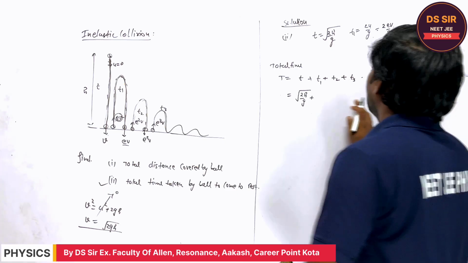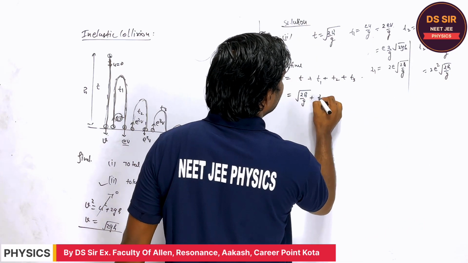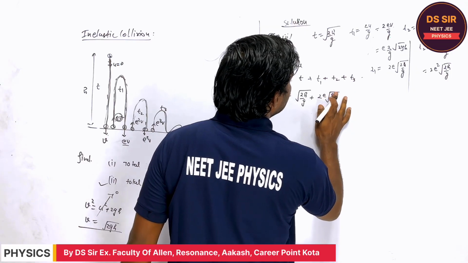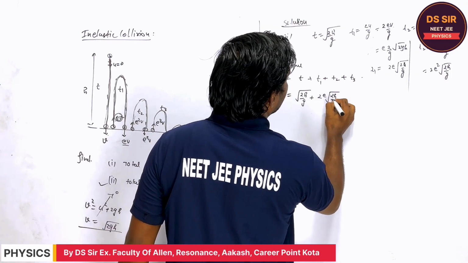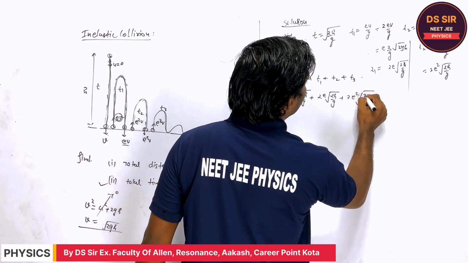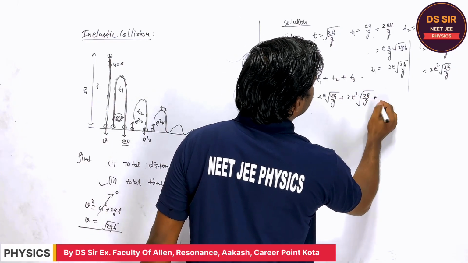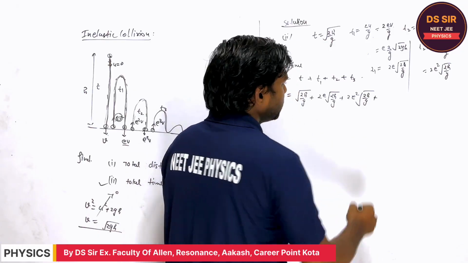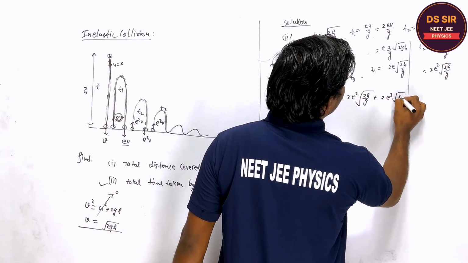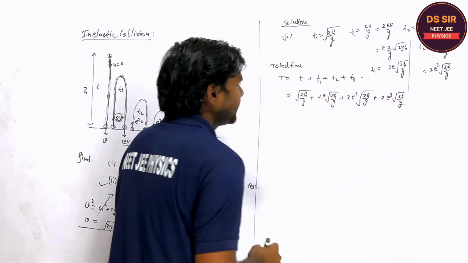Right. So this is T equal to root 2h upon g plus 2e root 2h upon g plus 2e square root 2h upon g plus, in the next, the t3, 2e cube root 2h upon g. Is it clear or not?